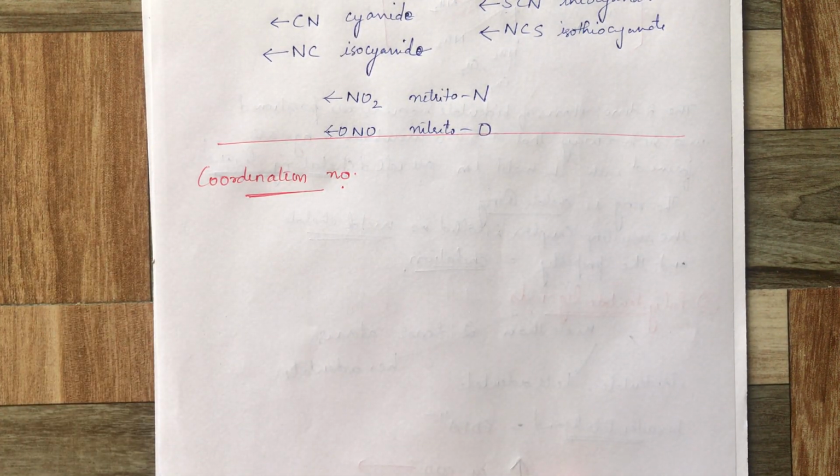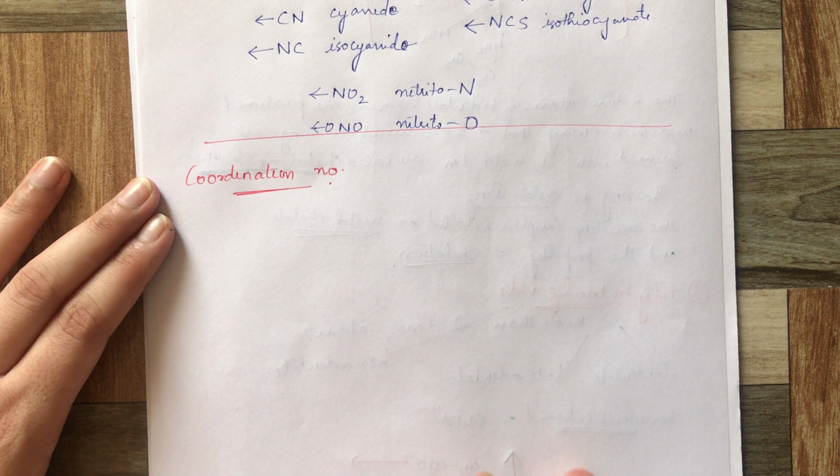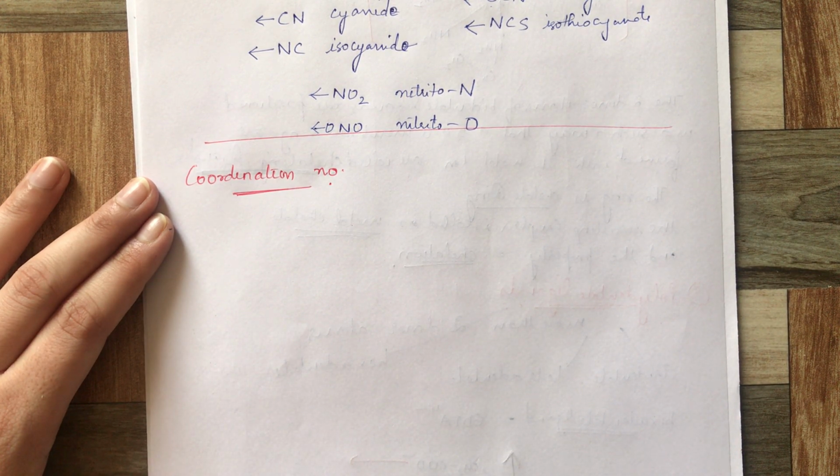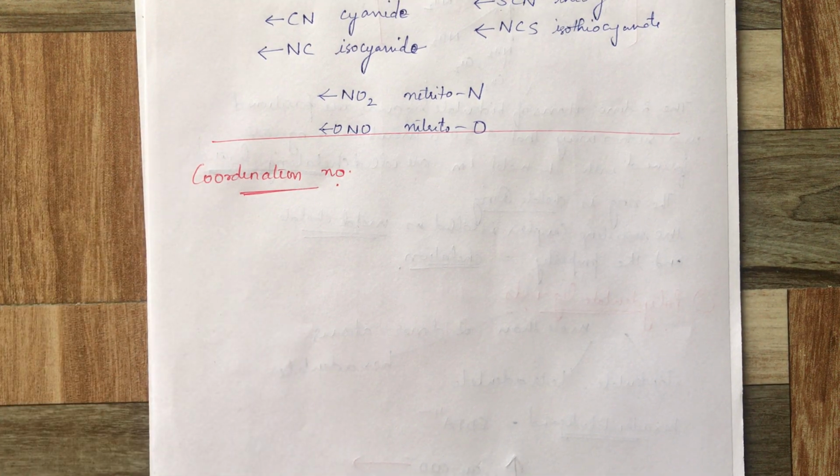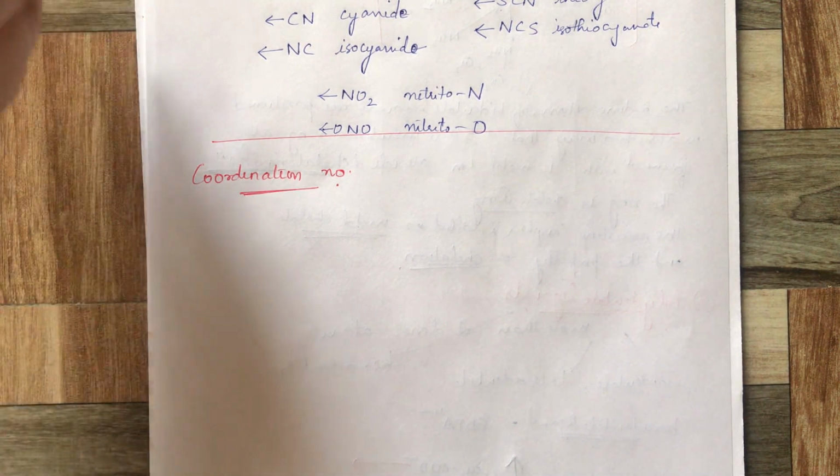Coordination number means the total number of coordinate bonds that the ligands form around the central metal ion. That is called the coordination number.